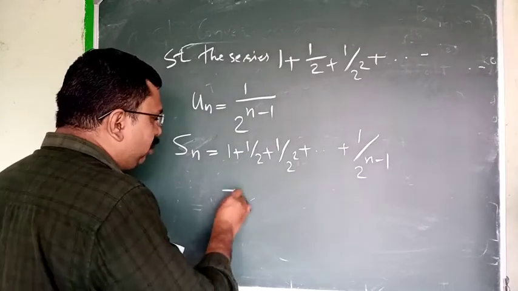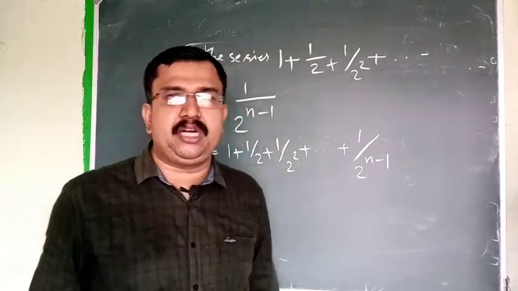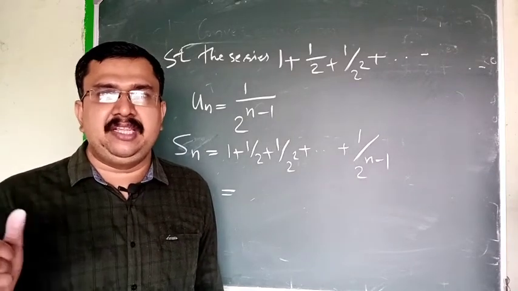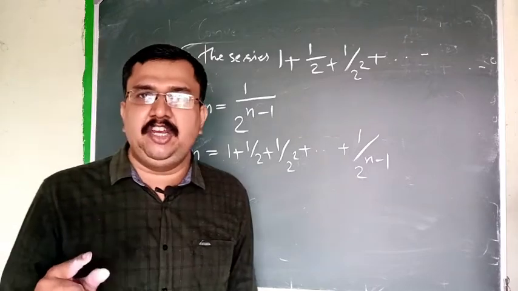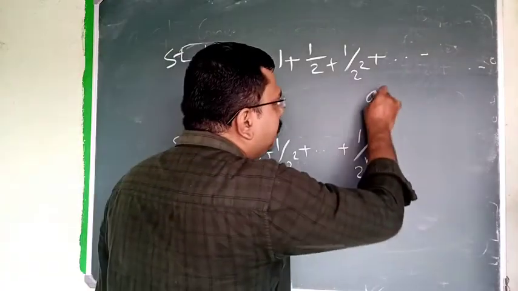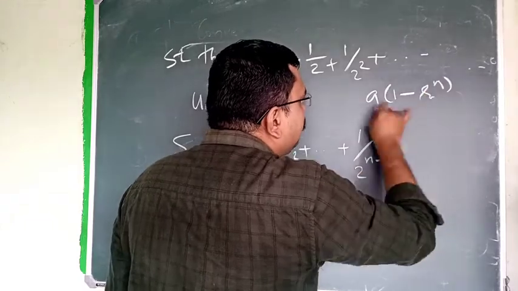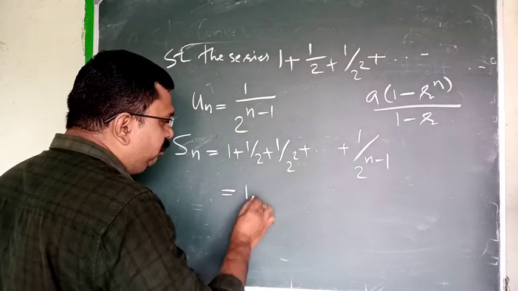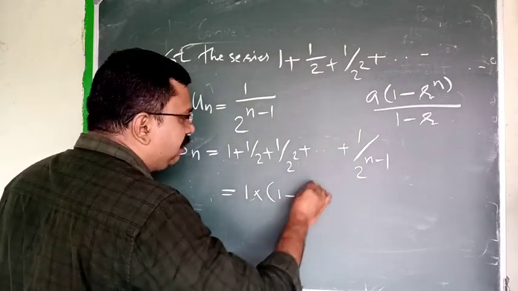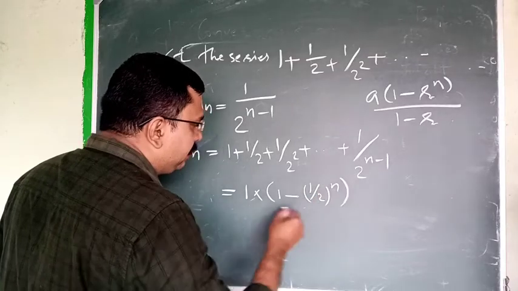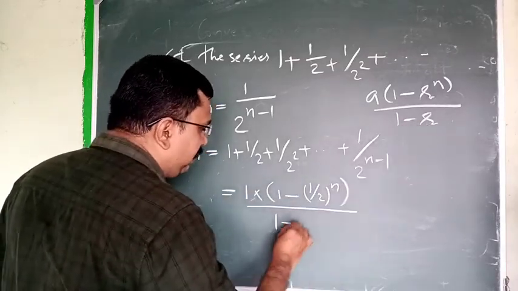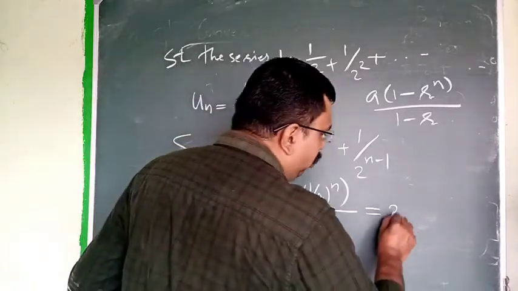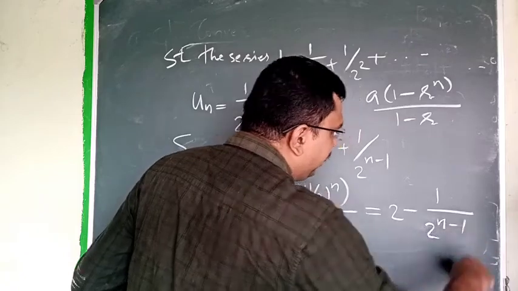Okay, this is a geometric progression with the first term 1 and common ratio 1 by 2. Therefore, the nth sum is equal to a into 1 minus r raised to n divided by 1 minus r. Therefore, this is equal to 1 into 1 minus 1 by 2 raised to n, the whole divided by 1 minus 1 by 2. When we simplify this, we obtain 2 minus 1 by 2 raised to n minus 1.